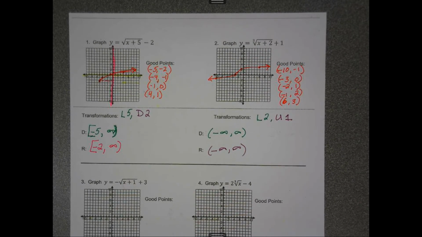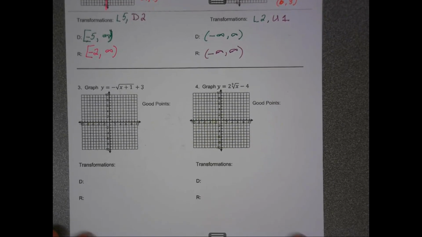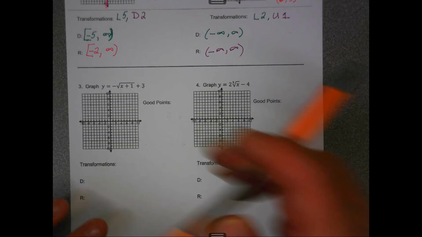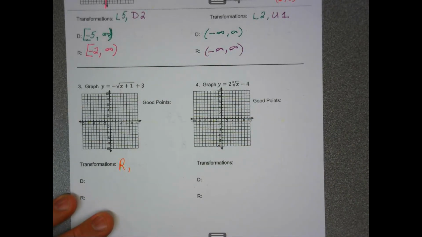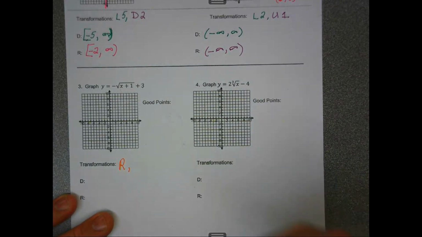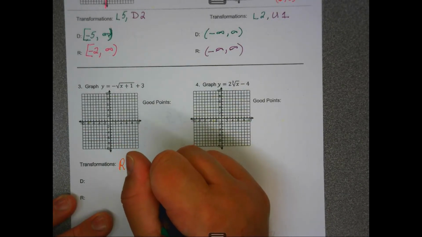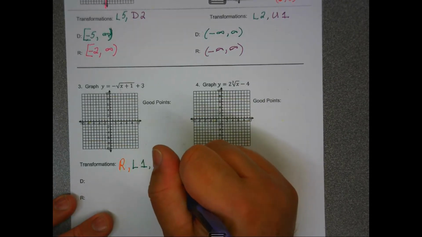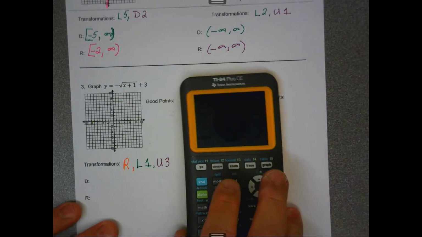Okay, a couple more examples. Transformations. This time we've got a minus sign here, so it's going to be reflect about the x-axis. Then we're going to have a left 1. And then up 3. We use our calculator.